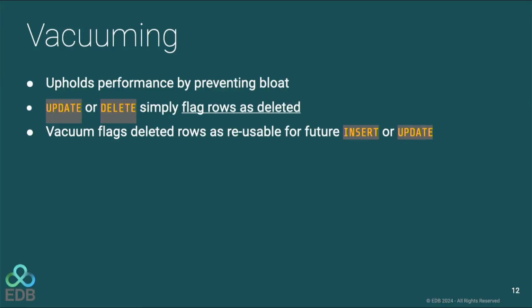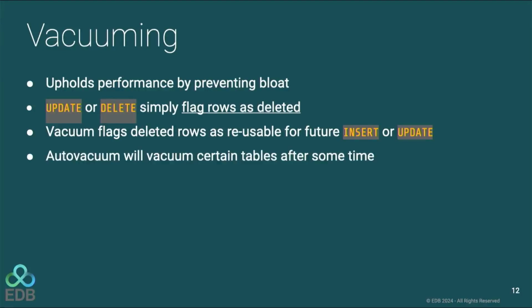So when other inserts or updates come in, they actually reuse those invisible rows. So vacuuming is the process of identifying which rows are reusable, and that way you don't keep adding more rows and keeping the invisible ones, which gives you bloat and slows the database down. So vacuum is very important, and it runs pretty often.